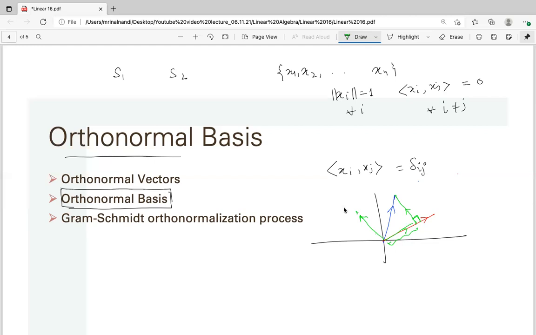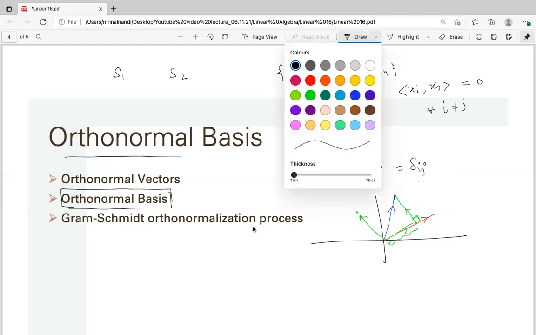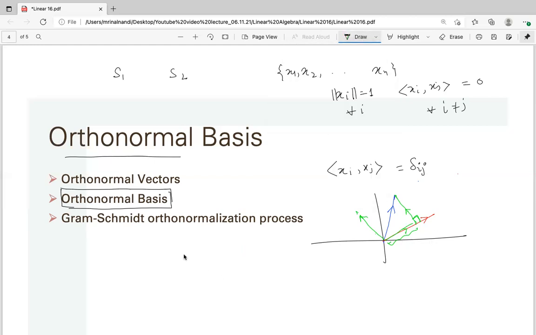So the idea is clear. Say this red vector is x, and this blue vector is y. The green vector is z. We want to find z such that it is just y minus something. Now what is this something?